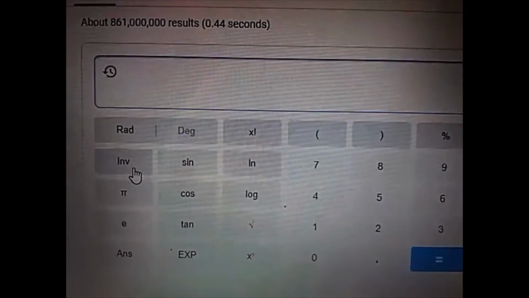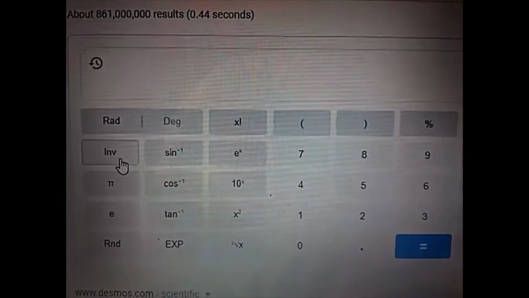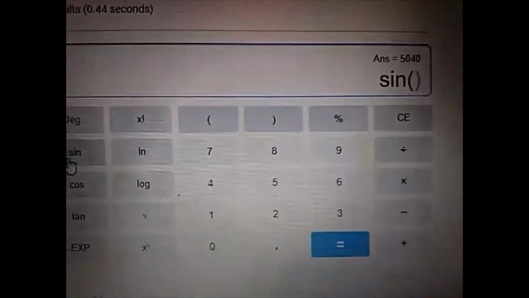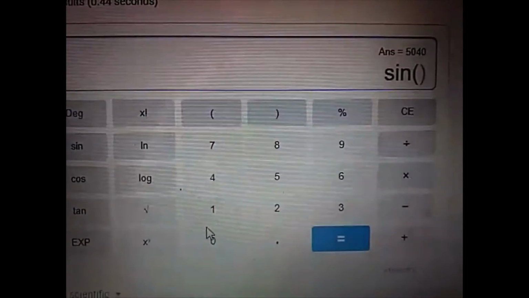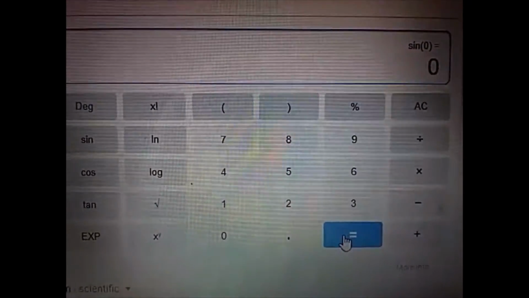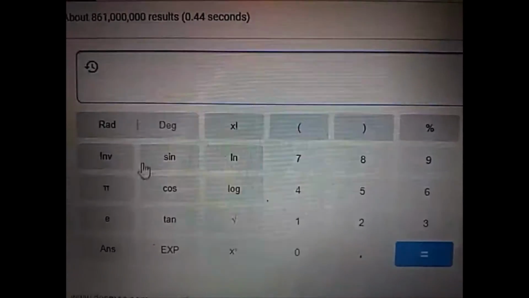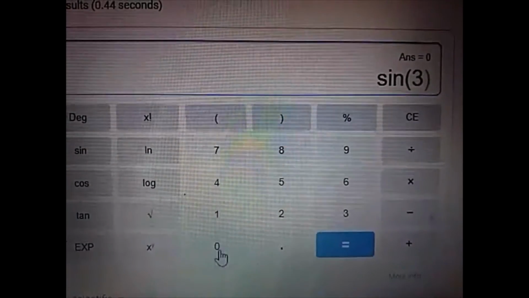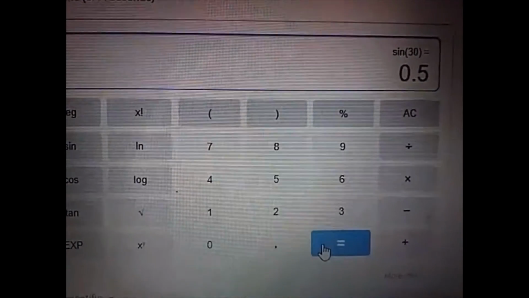Now, if you press this inverse button, you just switch all functions inversely. Let's see what sine does. The sine of 0 degrees is 0. And the sine of 30 degrees is exactly a half, or 0.5.